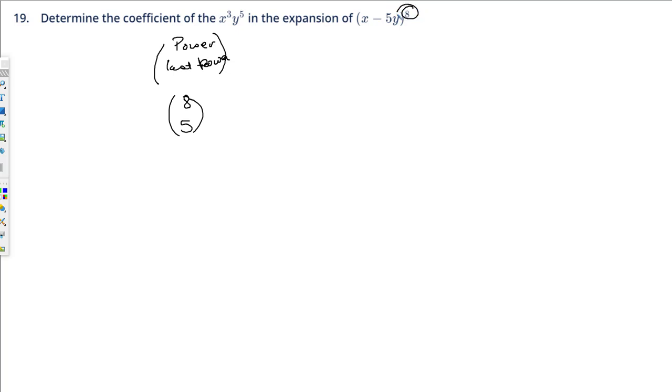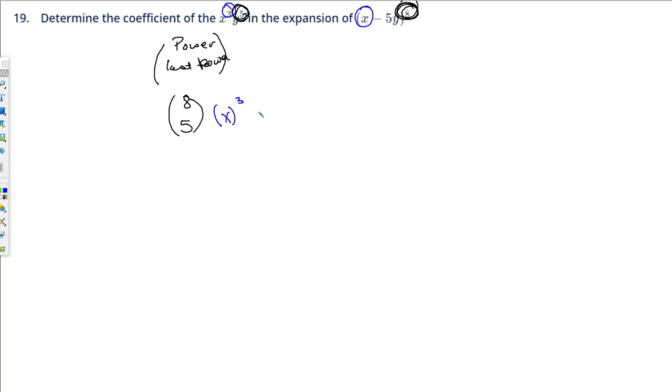And so we take our first thing, which is x, and we raise it to the third from that first expression.